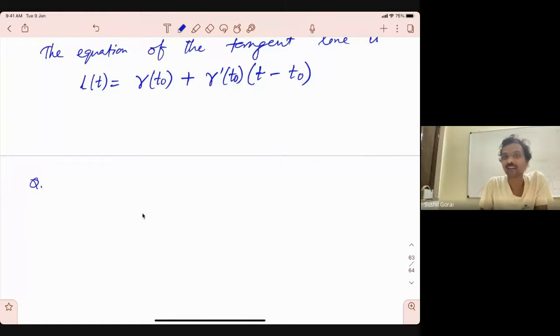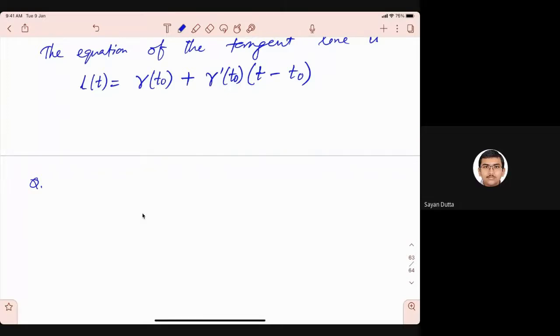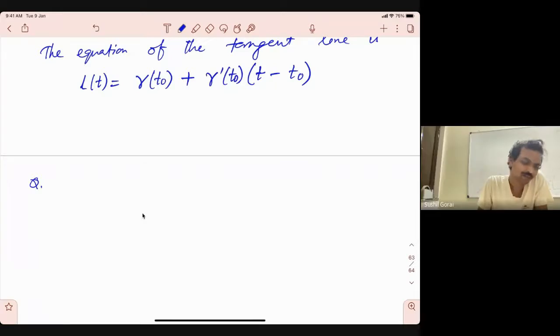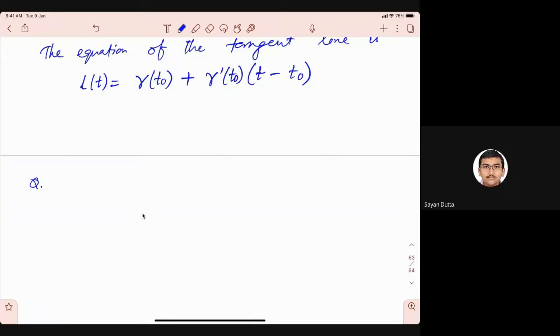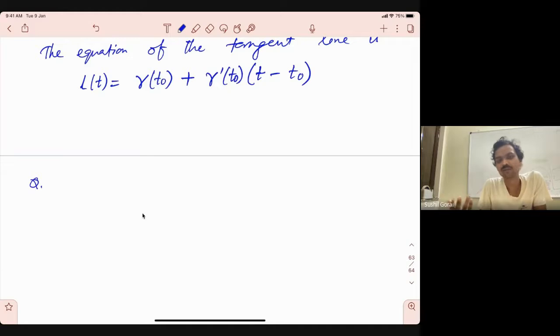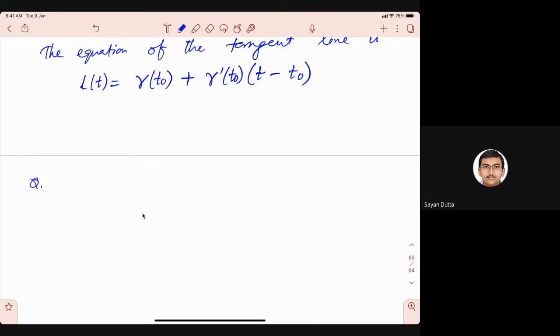The vector is arbitrary, let's call it ABC, that is, the head of the vector is ABC. So we draw the line passing through 0, 0, 0 and ABC. That is the line that represents that vector.